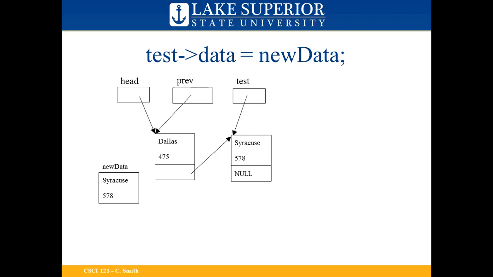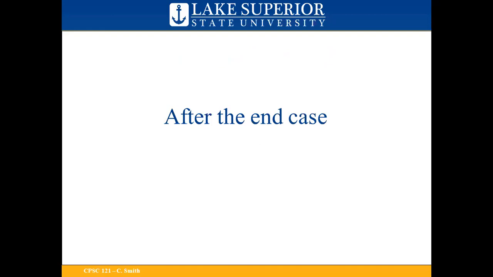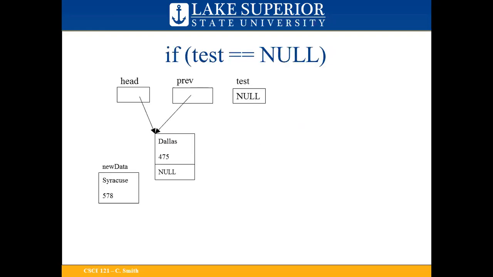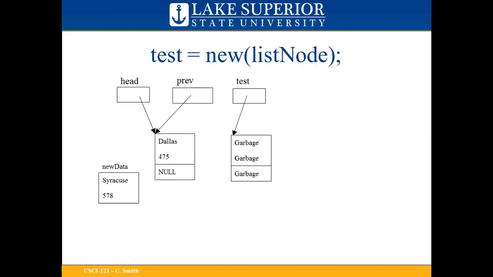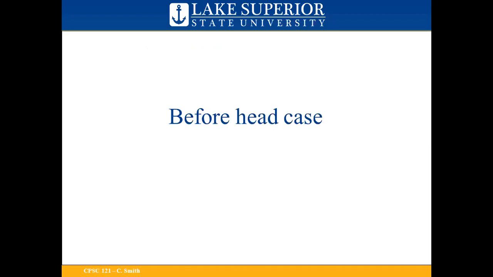The first one we did was if test is null, right here. So I'm going back through the slides. So remember, this is the after the end case. If test is null, we allocate space, we set its pointer to null, we point the previous at it, we copy over the data. Now we're into before the head.